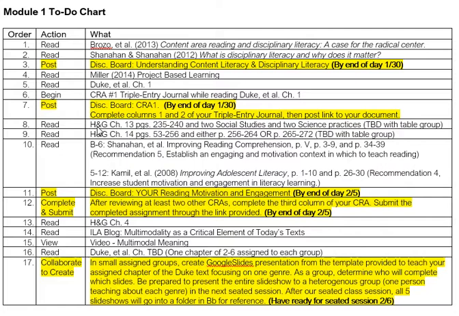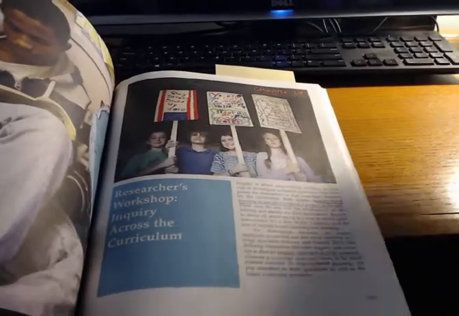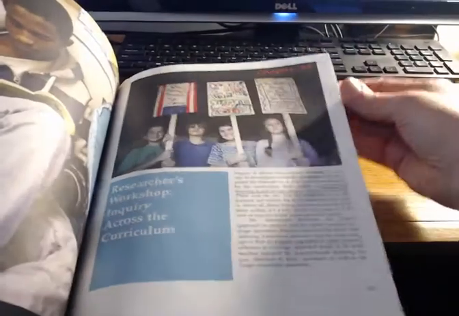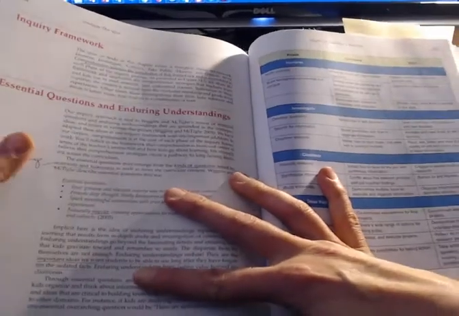Okay, then going on to number 9, which is chapter 14, the Researcher's Workshop, Inquiry Across the Curriculum. And again, everyone's reading the beginning, the introduction to the chapter, and this will help set the groundwork for your own units, like with essential questions and whatnot, okay?